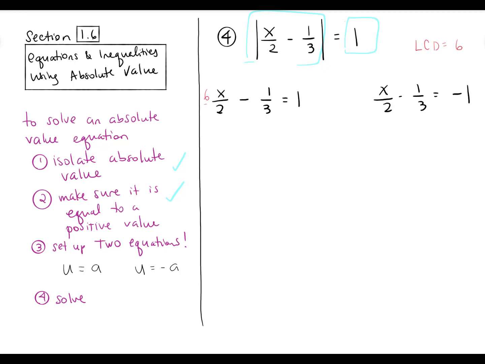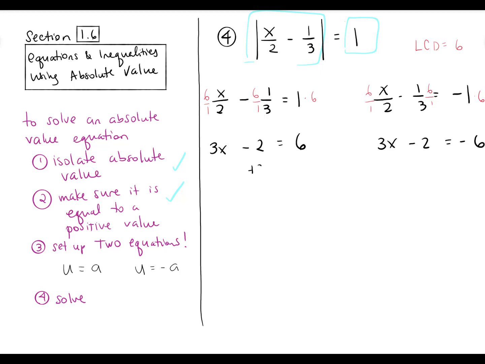So then I'm going to get 3x minus 2 is equal to 6. And here I get 3x minus 2 is equal to negative 6. I just like to get rid of my fractions as soon as possible. So now we can solve each of these equations.